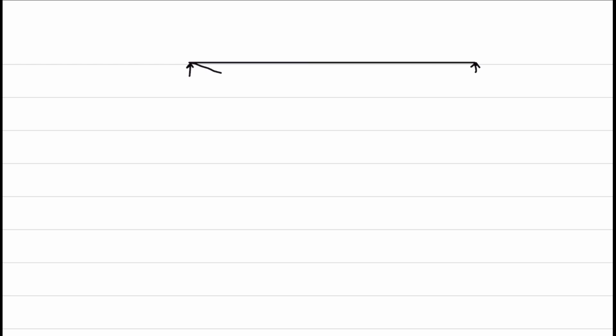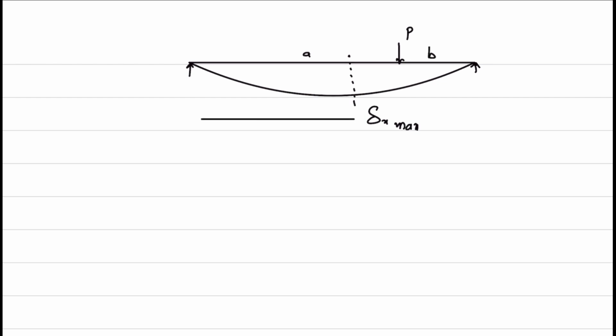The deflection curve will be, maximum deflection will be here, and this is the point P, this is B, this is A, and this will be the maximum delta x, maximum at a value of x equal to square root of (L square minus B square) by 3.